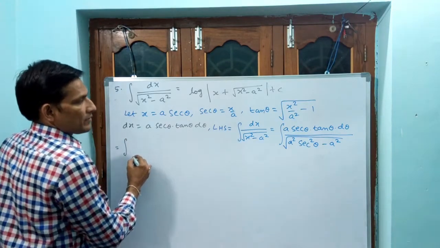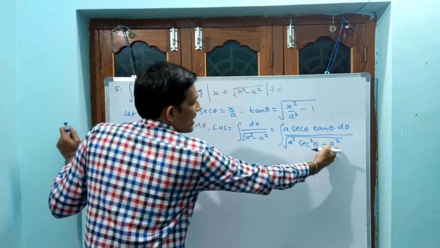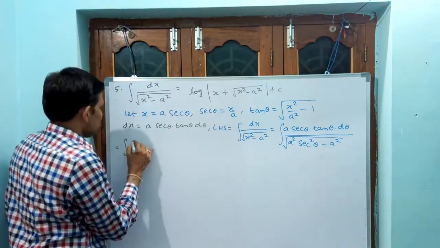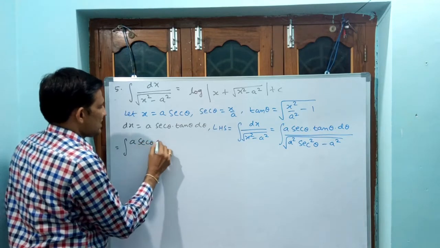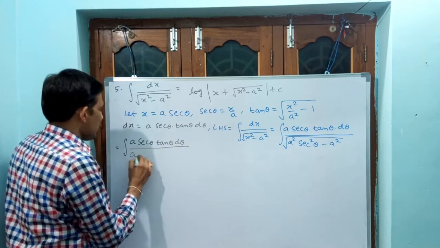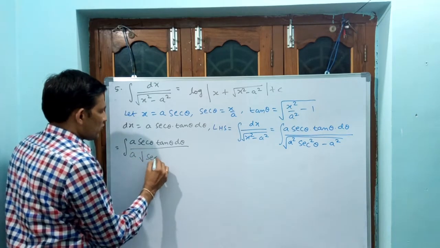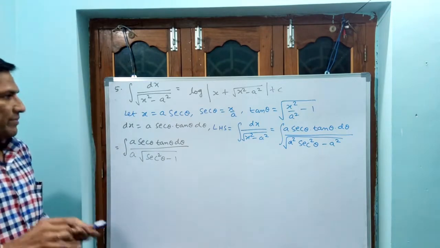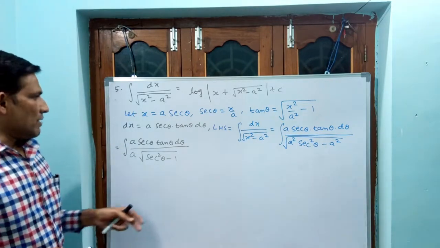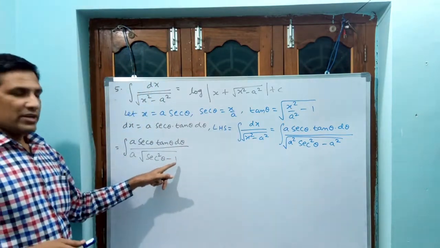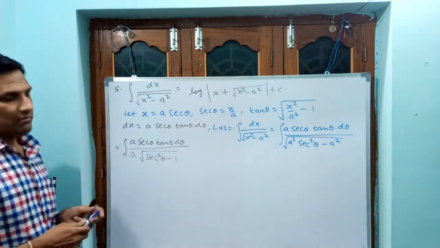Integral, a square common you have taken out. A got cancelled, or else we will cancel afterwards. You see, secant theta tan theta d theta divided by a integral square root of secant square theta minus 1. Is it okay? First you see. Why? Because a square common I have taken out, secant square theta minus 1 it is going to become, and a square out I have taken.